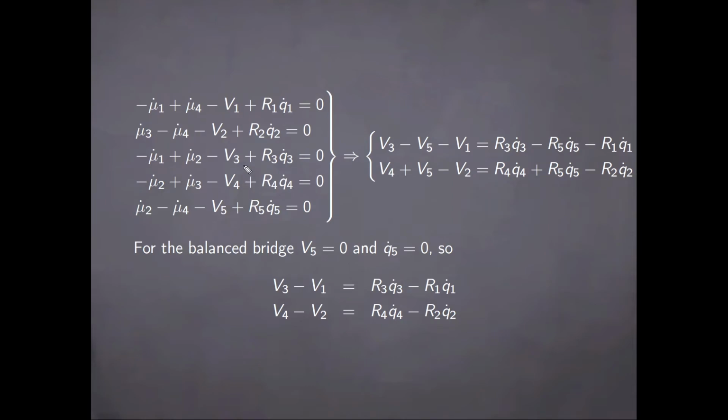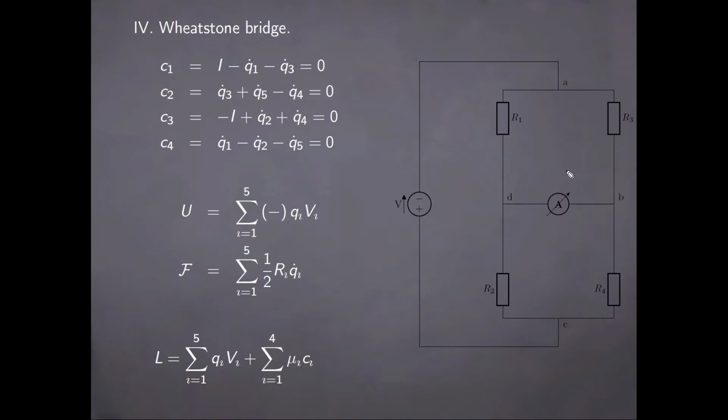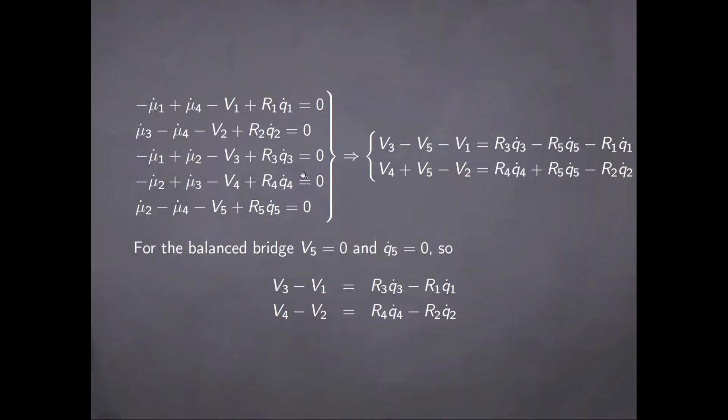And this leads to a set of 5 equations of motion. But if we then proceed to eliminate the multipliers among these equations, we actually end up with just a set of two independent equations, and these are nothing more than an expression of Kirchhoff's second law for the two loops in the circuit. So for the loop here and the loop here.